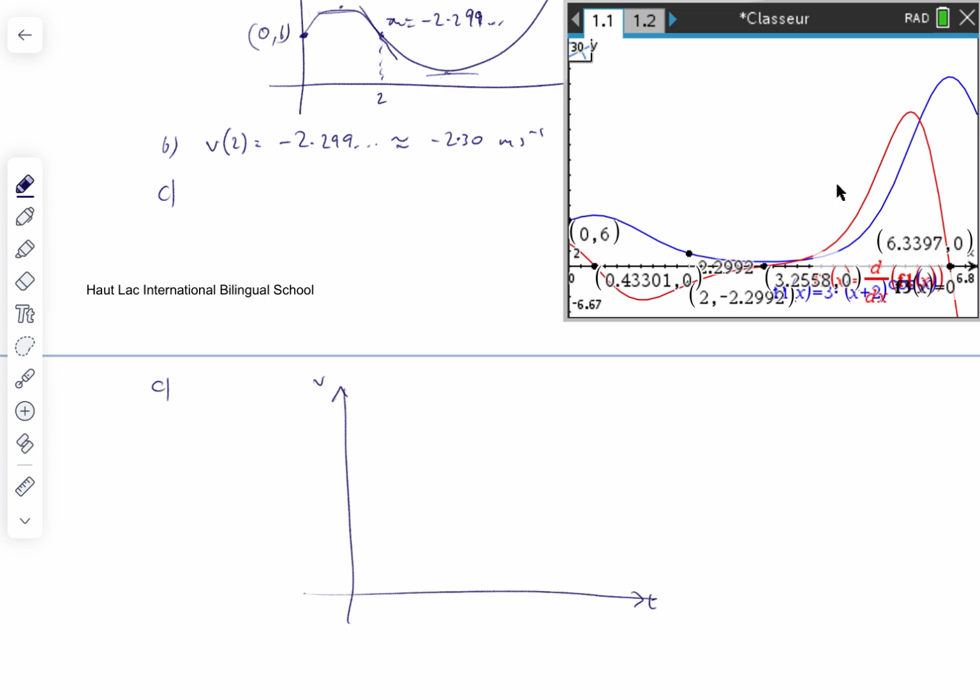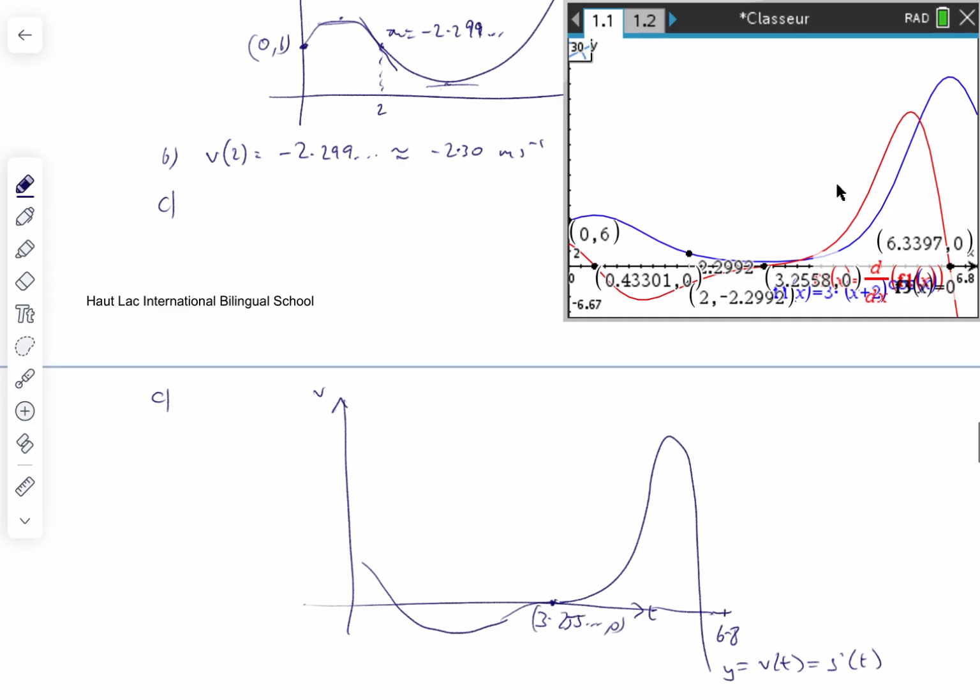So the graph of velocity looks like this. And this is 6.8 here. This is y equals v of t, which is s dashed of t. And this is here, 3.255... comma 0.